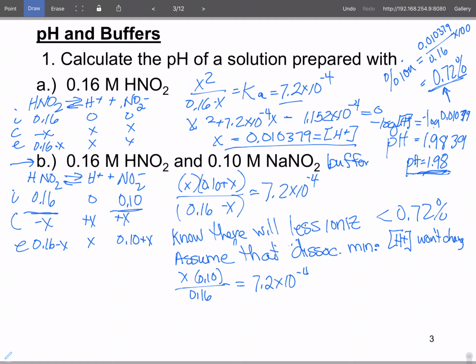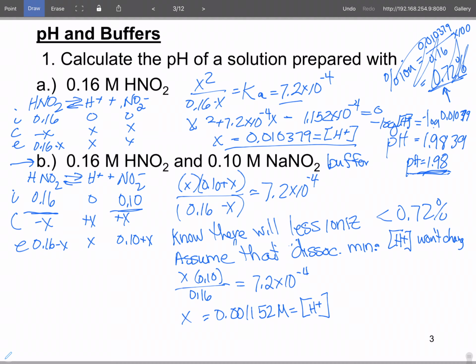Do the math. X is equal to 0.00115 molar, which is the H plus concentration. Now, this percent ionization is not right. I apologize, I screwed that up. Don't want to have to redo this whole thing.